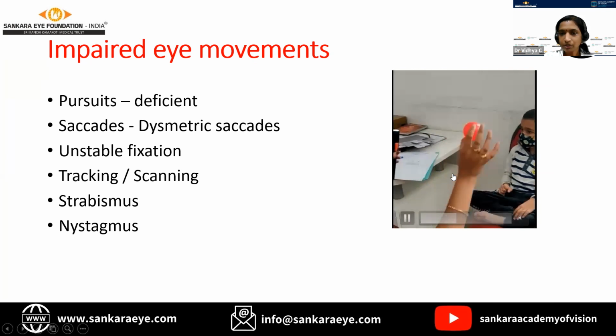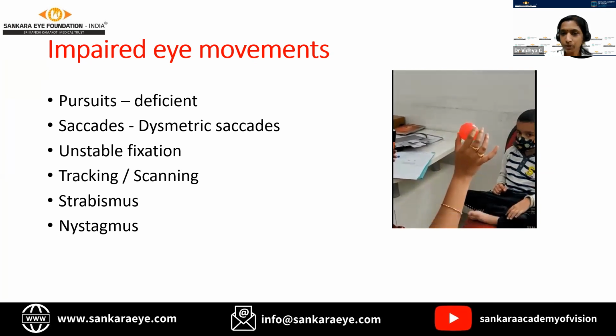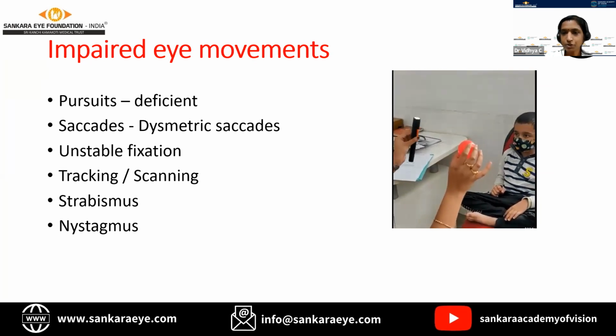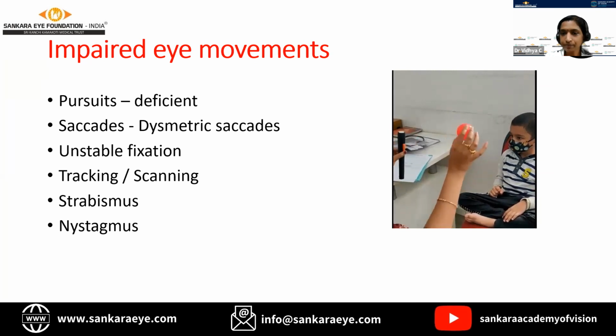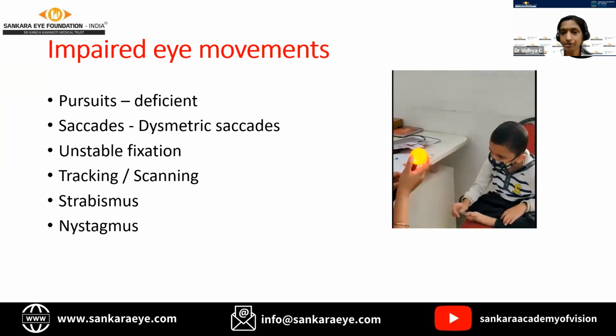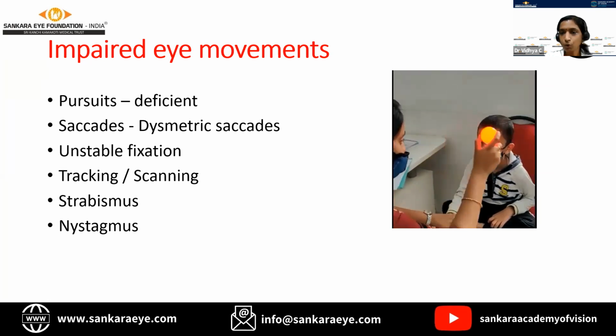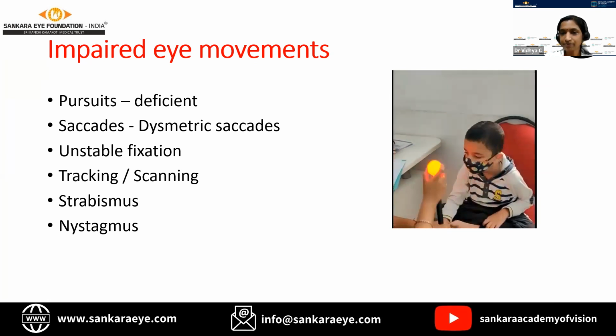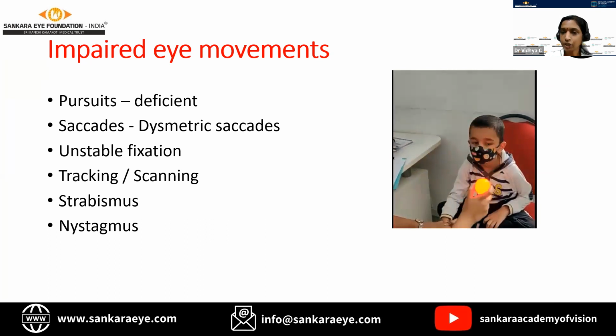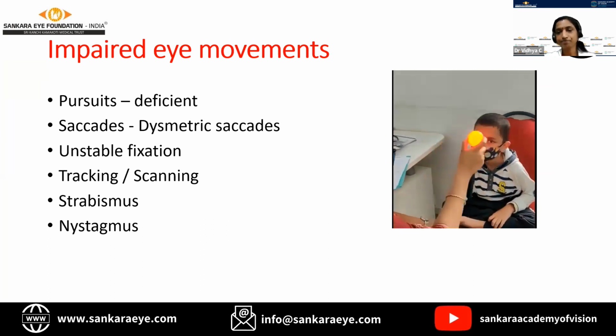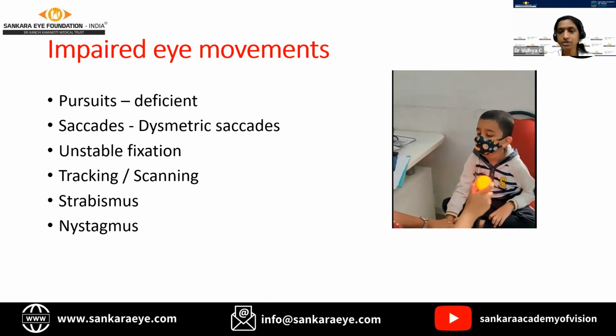Now you can see the examiner showing 2 targets and the child is asked to shift the gaze from one target to the other, checking for the saccades here. So you can see how the child is following the target. We can use an illuminated or a non-illuminated target according to the visual needs of the child.